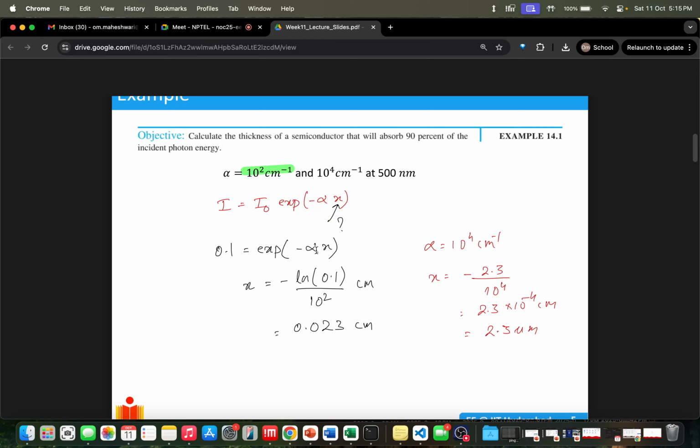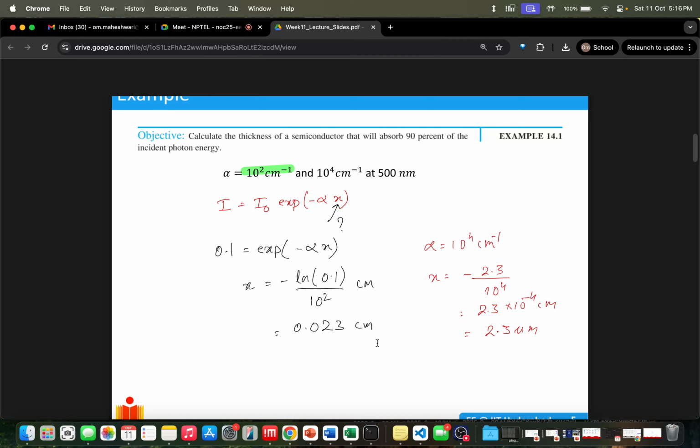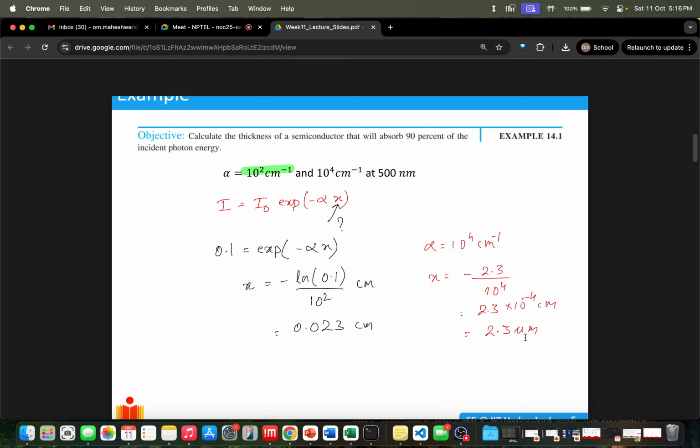So 0.1 is exponential of minus alpha times x. x will be ln 0.1 divided by alpha, which is 10 square per centimeter. This gives x as 0.023 centimeter, the thickness of the semiconductor. Whereas if alpha is very large, 10 to the power 4, you will get 2.3 micrometer, a much smaller x.